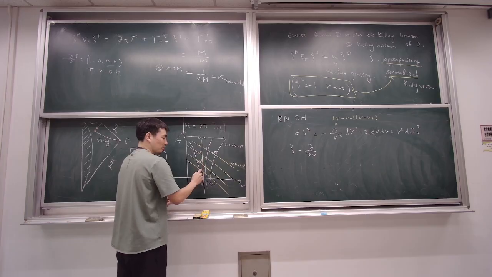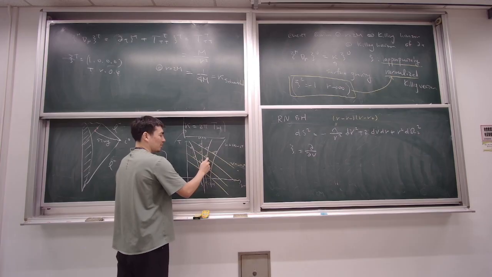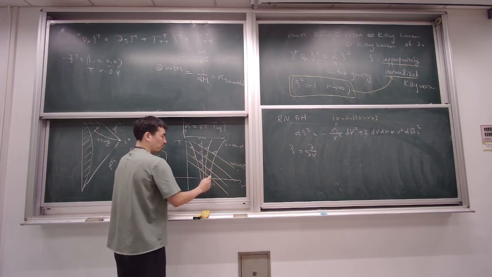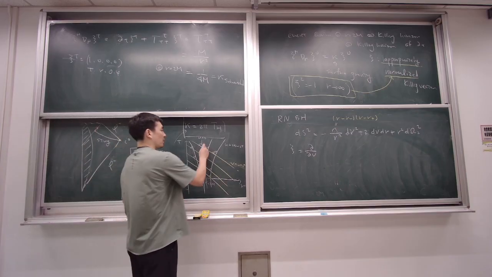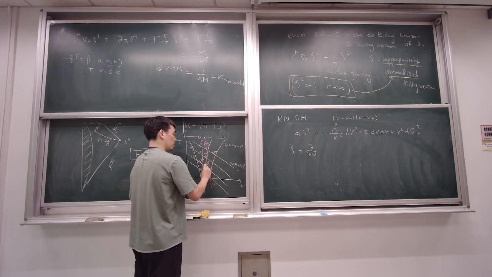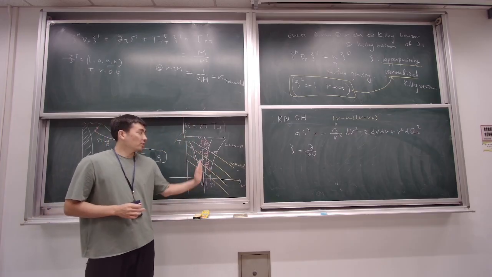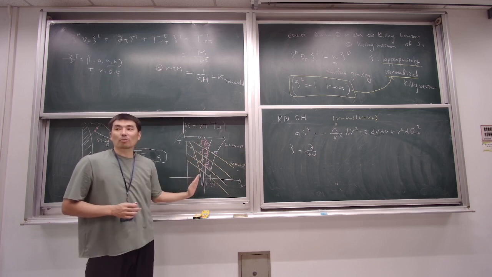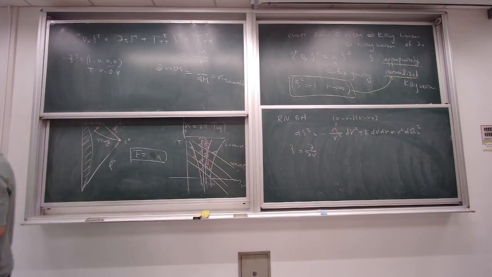I think I should have explained this one before maybe, but you know, right? So this is the coordinate, and yeah, of course, this direction is delta v. This is delta v. So the Killing vector is really tangent and also normal to this event horizon in the case of the Schwarzschild case.